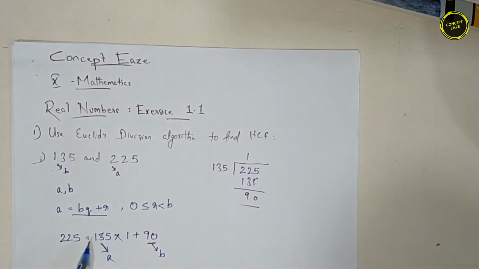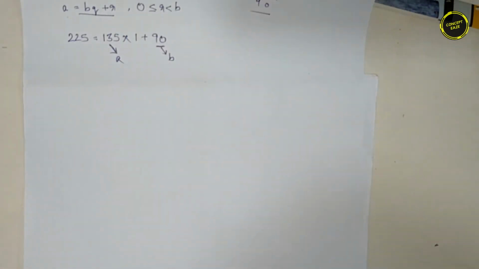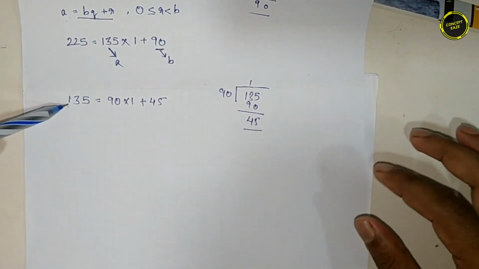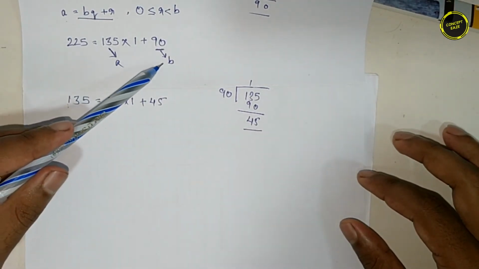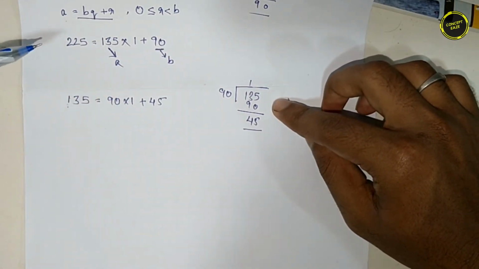So to move on to the next step, your new a will be the b of the previous step and your new b will be the remainder. Here we have our new a as 135 and new b as 90. We are going to repeat the same thing which we did in our last step.